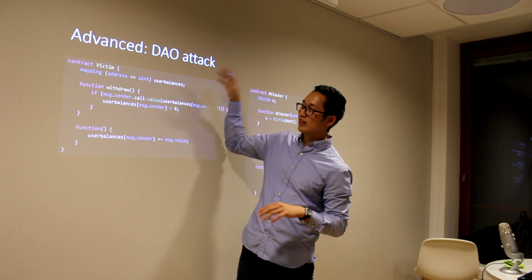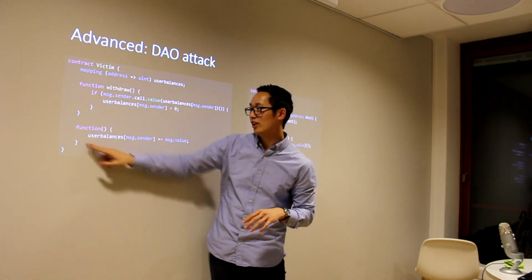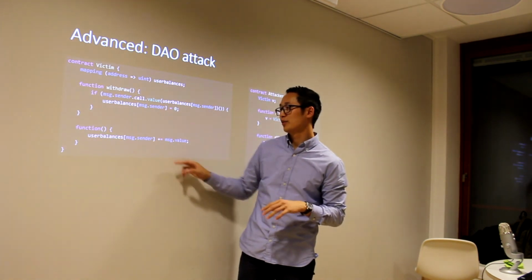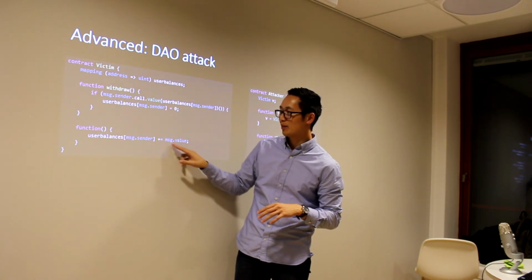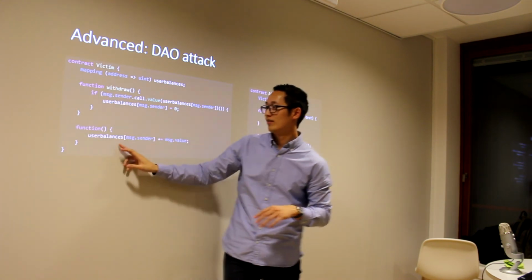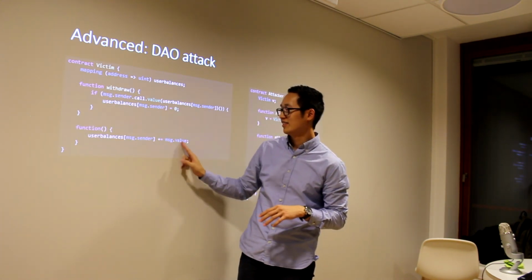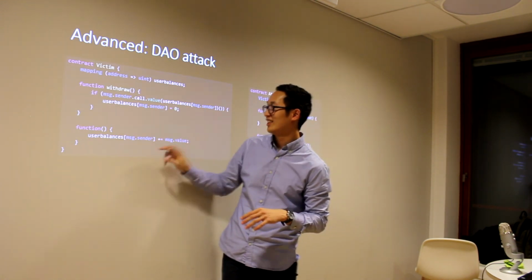Users can put money in this contract in this anonymous function. When you send ether, it records how much ether you have in this hash table. It's 0 from the beginning, and you add the balance.